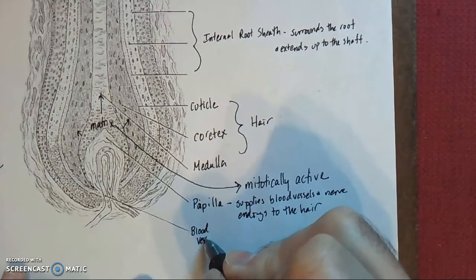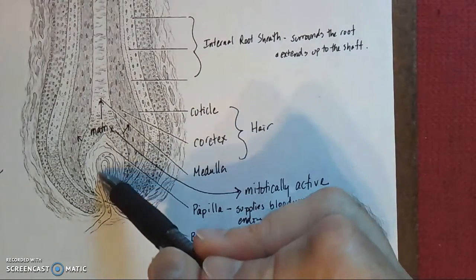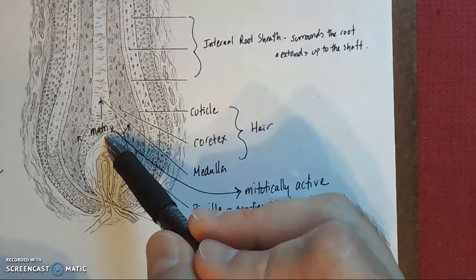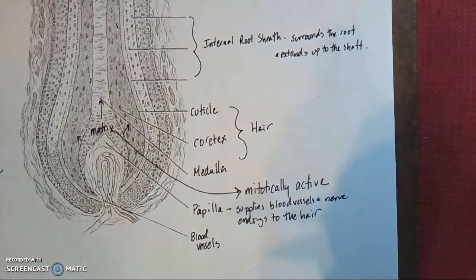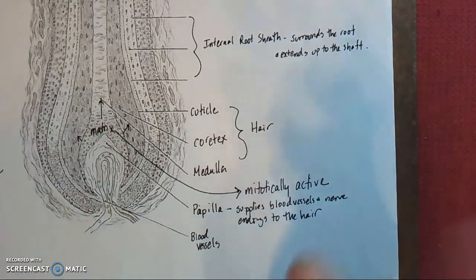So at the base of all of these, we have these little blood vessels that come up and bring nutrients up here that diffuse into the matrix and supply all the nutrients needed to make new cells that get pushed upwards. So this is the basic general structure of a hair.